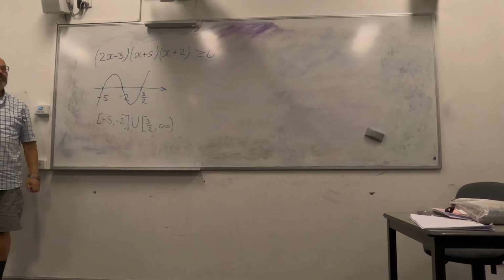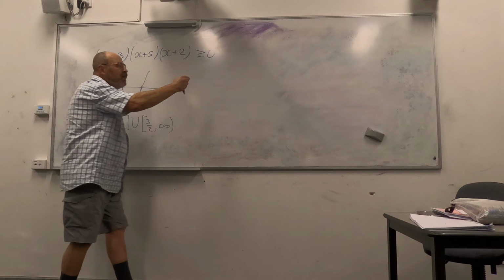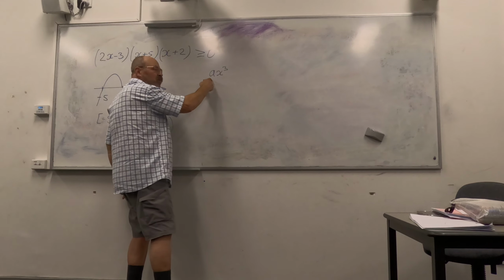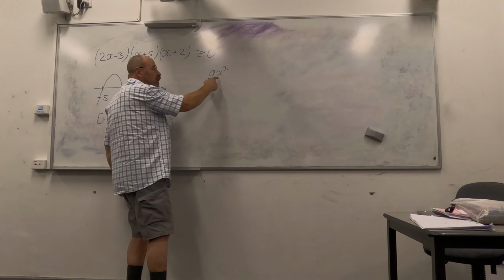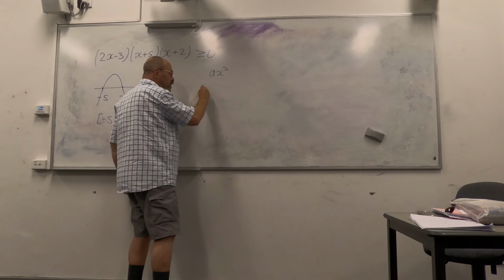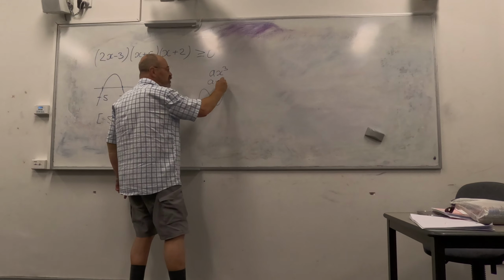How do you know that it starts from below -5 and goes up? Because when we have ax cubed, a is positive. When the coefficient of the cubic term is positive and it's factorable, then it will have this shape.